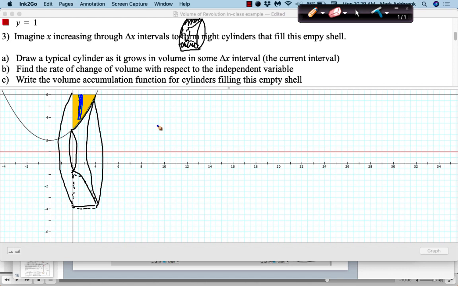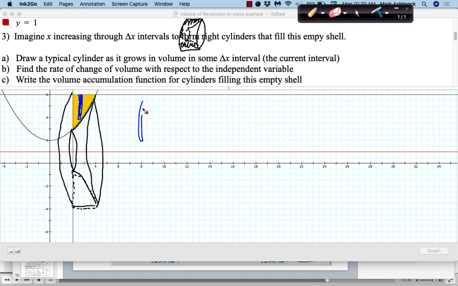So with x varying through delta x intervals, this is what's going to form the cylinder that we're going to fill with. What will that cylinder look like? It'll be a washer. Flat, horizontally, or standing up on end? It's going to be a vertical washer standing up on end, so it'll look like this.